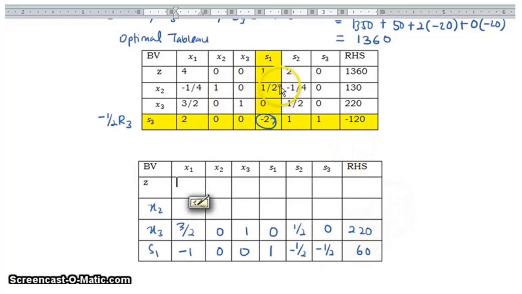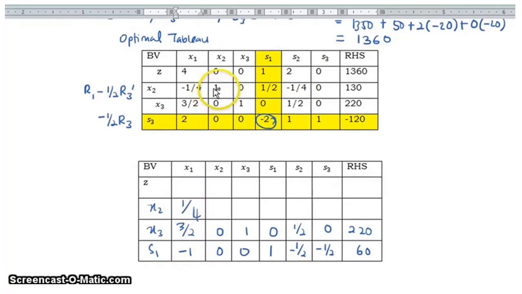Okay. For row 1, we want to change this coefficient to 0. Therefore, the ERO for row 1 is row 1 minus 1/2 times row 3, new row 3. By using this ERO, we update row 1. The coefficient of X1 in row 1 is -1/4 minus 1/2 times -1. So we get 1/4.